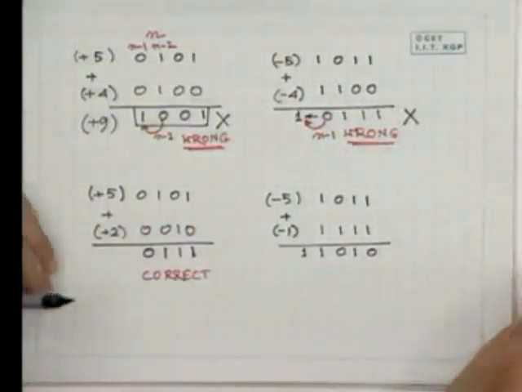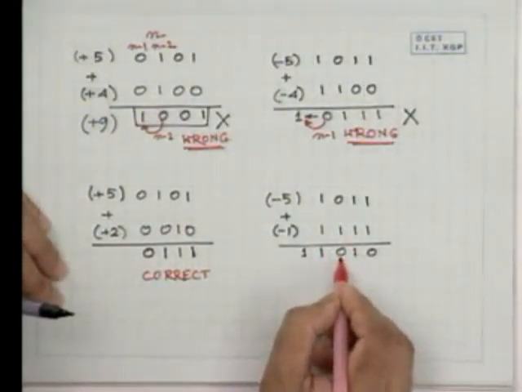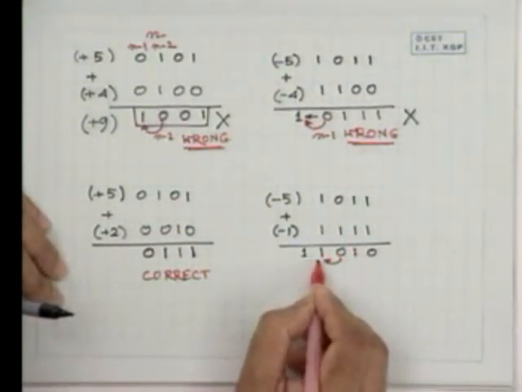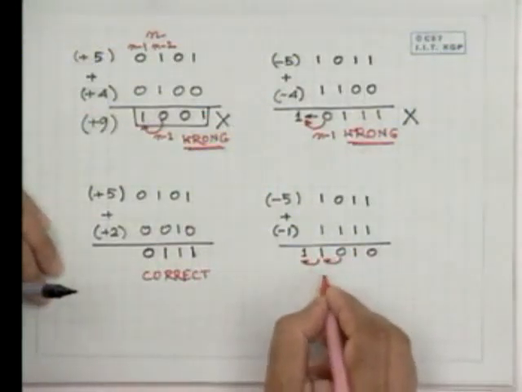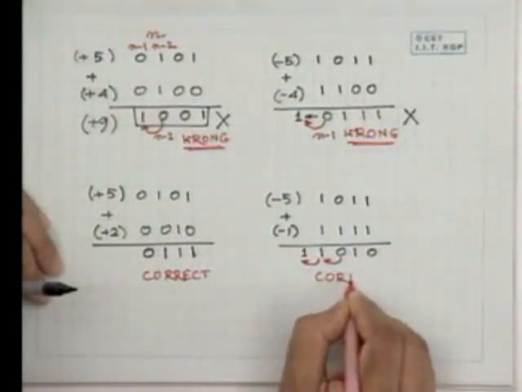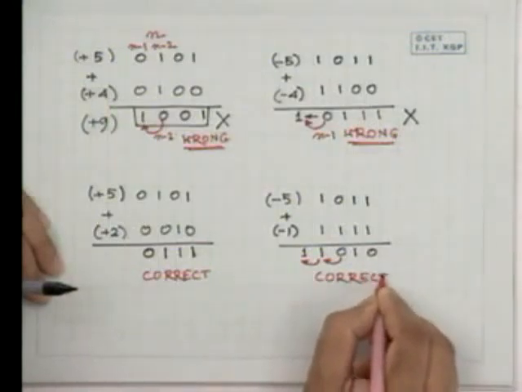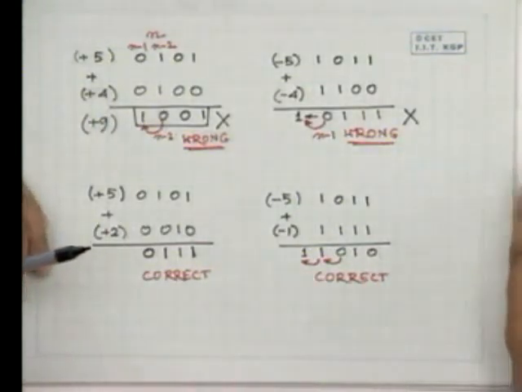Okay. Here we find that a carry has emerged out of this, and also a carry has emerged out of the most significant bit. Here also the result is correct.